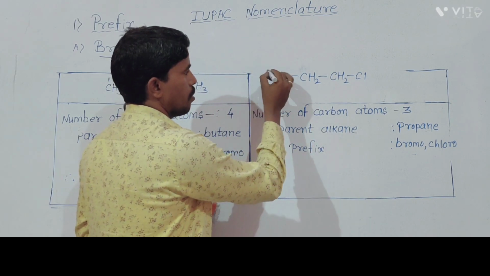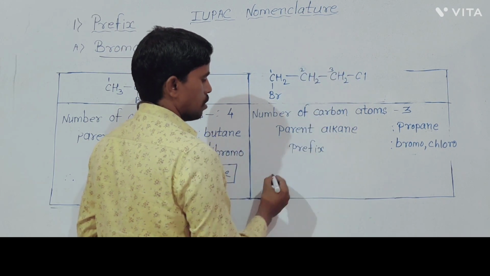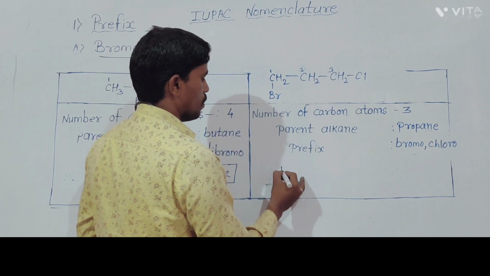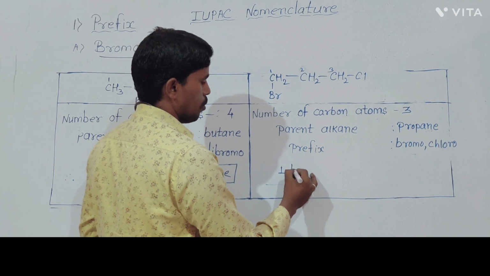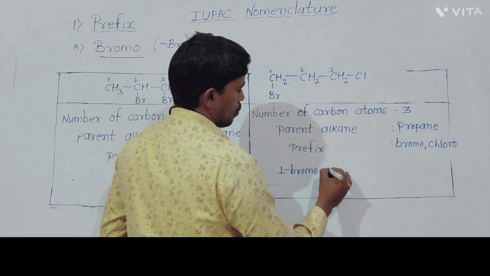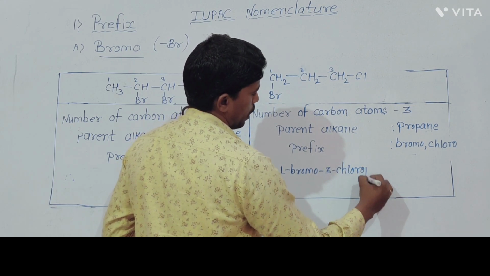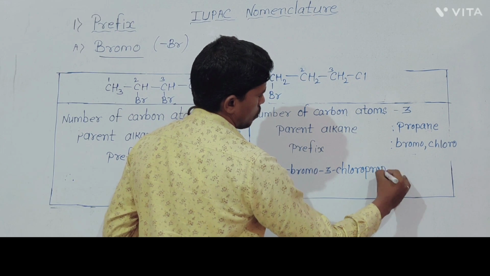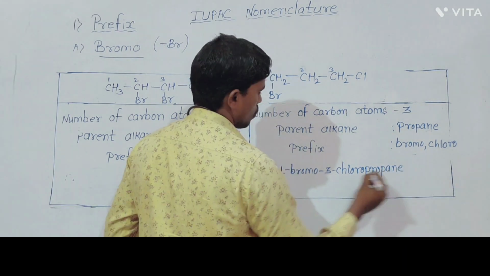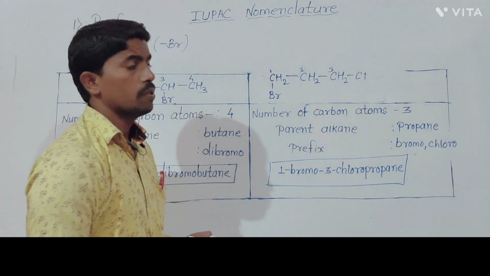Start the numbering from this carbon atom. This is 1, 2, 3. The name of this compound becomes 1-bromo-3-chloropropane. So this is the name.